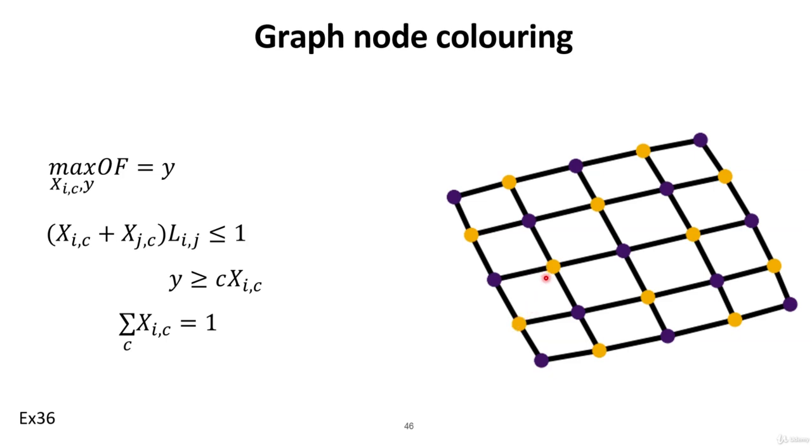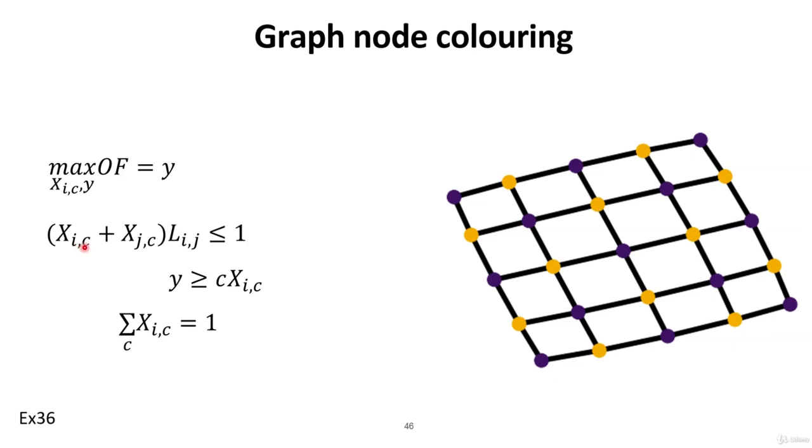So how can we formulate it as an optimization problem? First of all, we need the input data of the graph. So Lij is 1 if i is connected to j, and xic is telling us node i is colored with the color c.